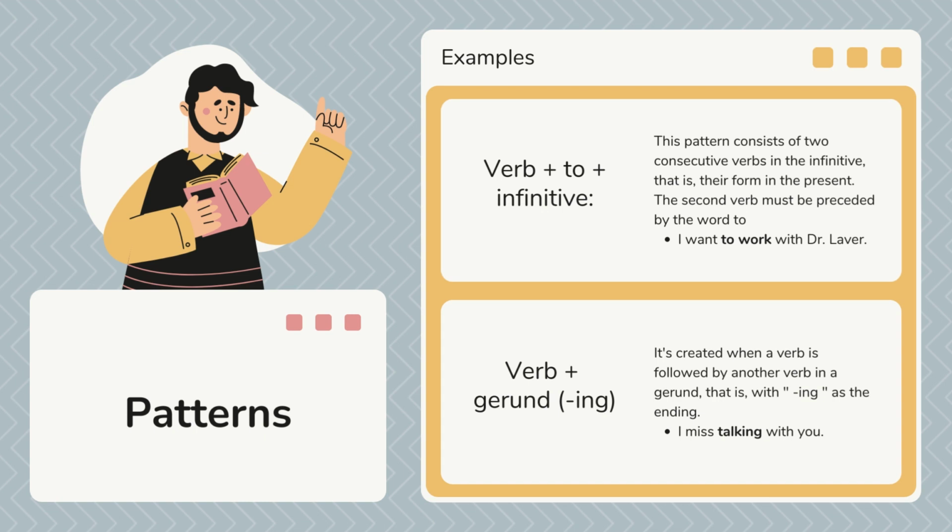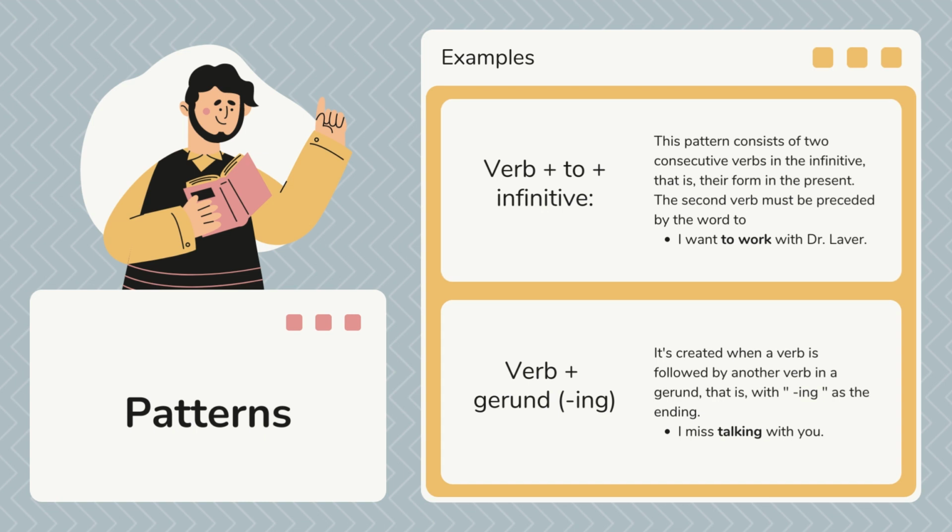So we can say infinitive is like the basic or the base form of a verb. So when we have two consecutive verbs in the infinitive, the second verb must be preceded by the word to. So it's like I want to work. We have the verb want and we have the verb work. We join them using the preposition to.